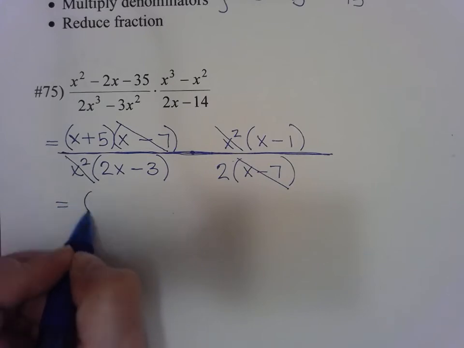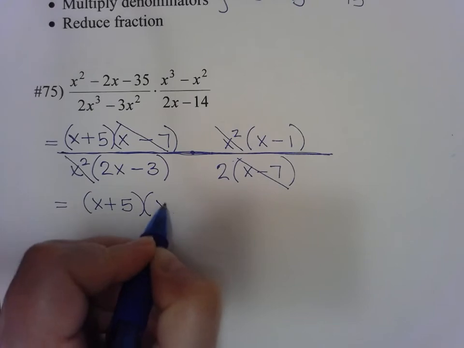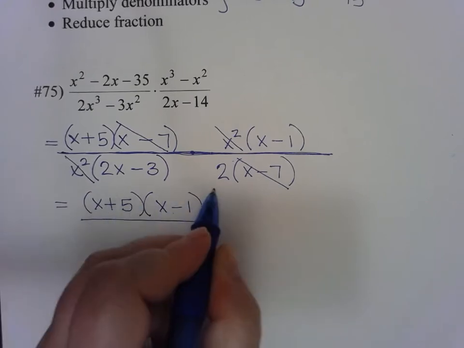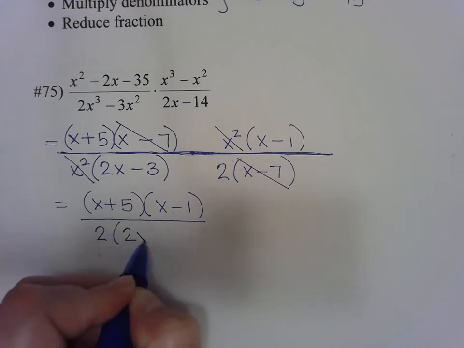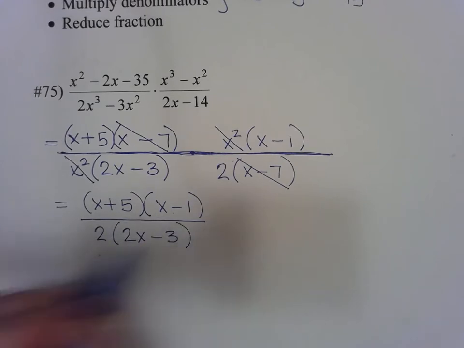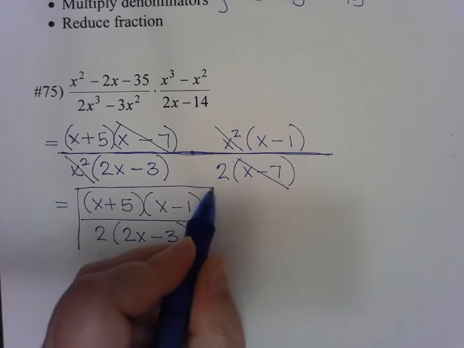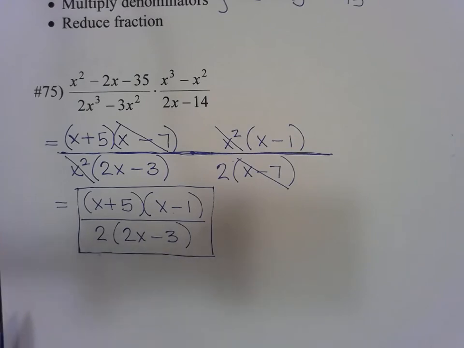We have x plus 5 times x minus 1 over, we still have a 2 here, 2 times 2x minus 3. And again, we're not going to FOIL these back out. Could you? Yes, but do you want to? No, not really. Okay, so just leave it just like that. It's totally fine.